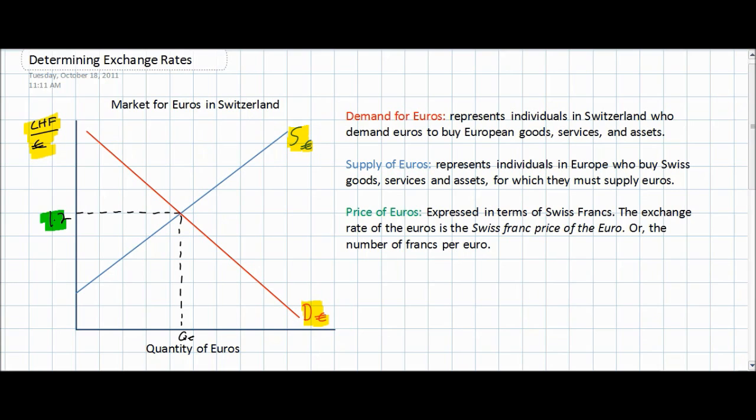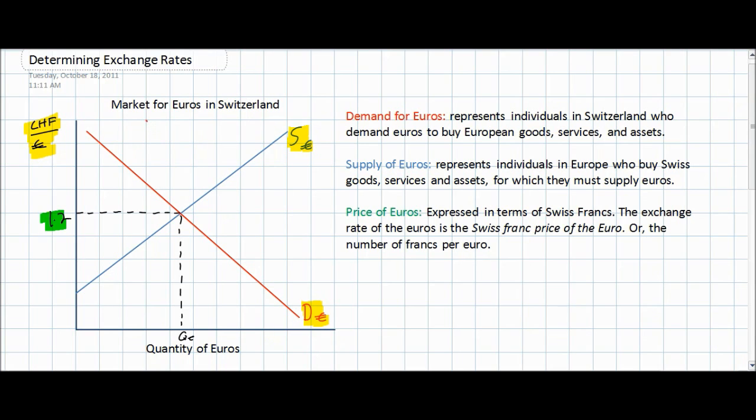Well, just like any price, a change in an exchange rate occurs whenever there is a change in either the demand for or the supply of a particular currency. In this case, we're looking at the market for euros in Switzerland. So let's think of two things that can change the demand for euros in Switzerland. For example, what if Swiss household incomes were to rise and therefore they would begin demanding more imports from European countries?